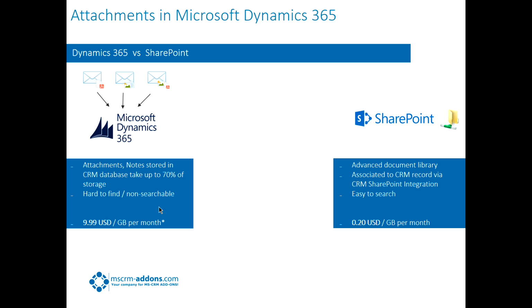In SharePoint, the attachments are really easy to search with the search function, and it costs usually about 20 cents per gig per month. So on one side we have Dynamics 365 that holds everything together, and SharePoint is like a file repository.